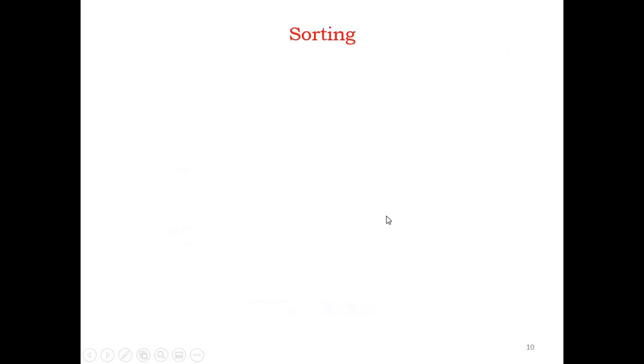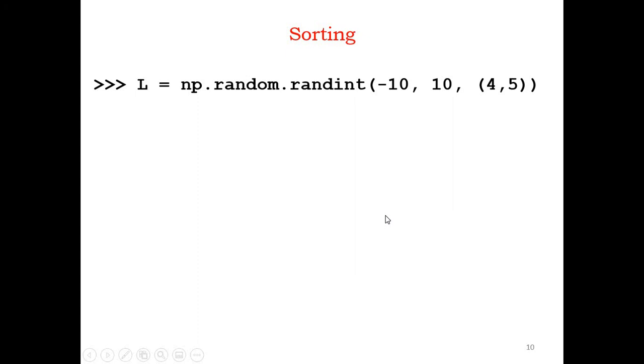Now you do sorting. Suppose I created some numbers through random number generators. Random is a random number module in Numpy, np.random, and in that I used randint as a function.